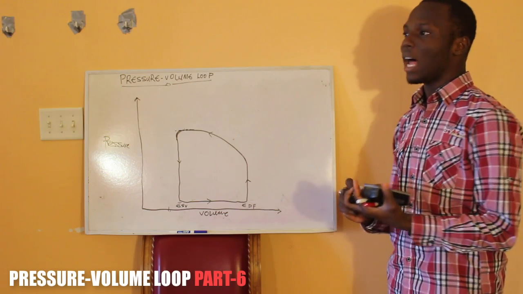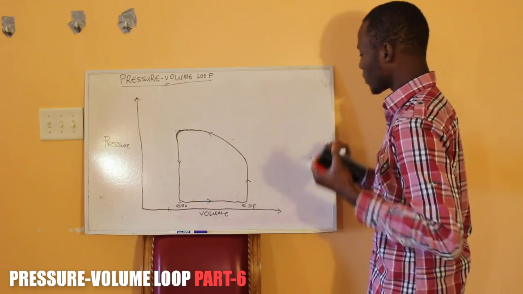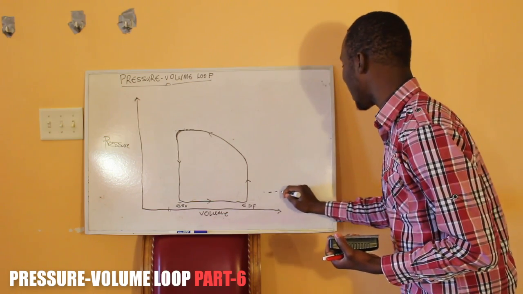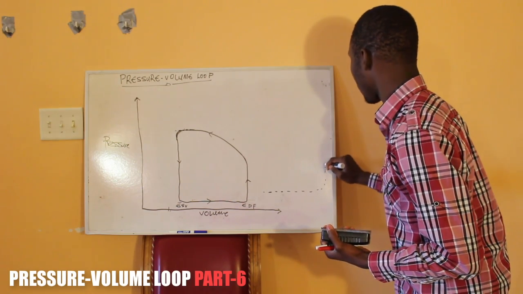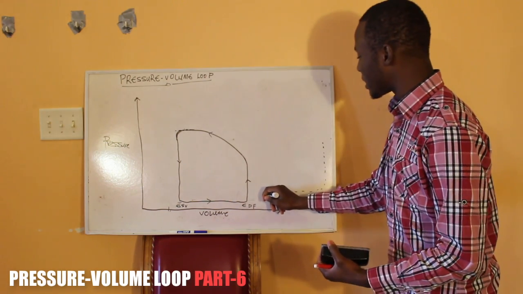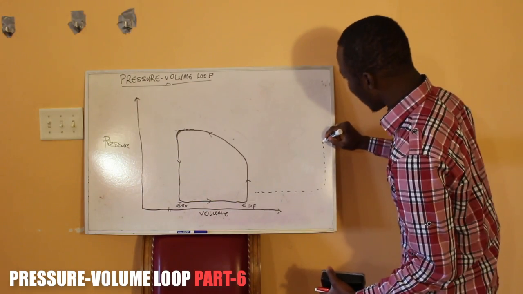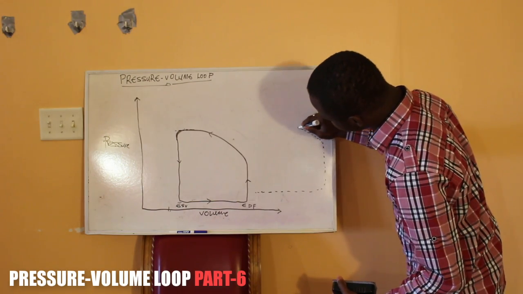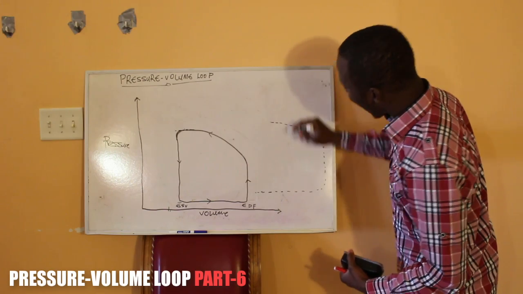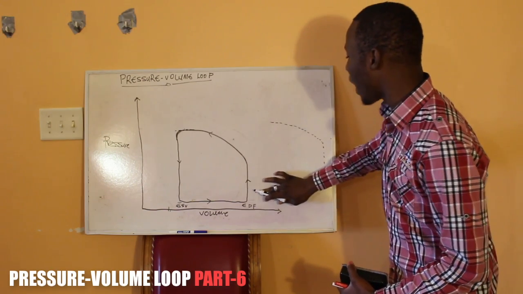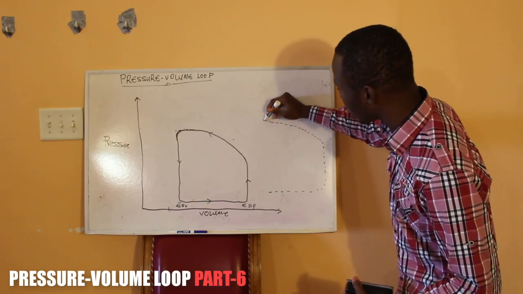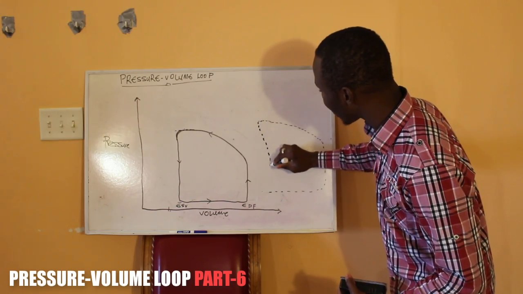So the graph will now look something like this. I drew this to this side. It's still attached to the same graph. And now we won't have a nice isovolumetric relaxation phase. So we have something like this.